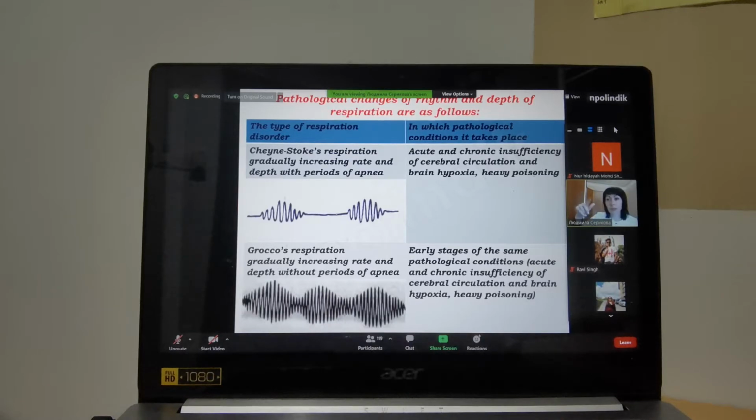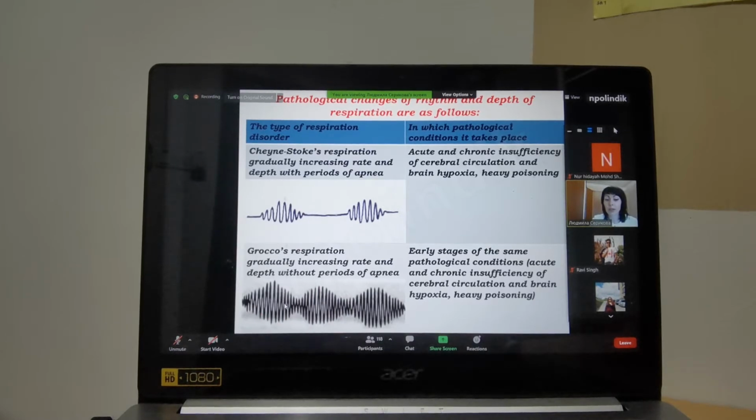They are different in depth. If we compare the main characteristics, at first superficial respiration becomes deeper, deeper, deeper.